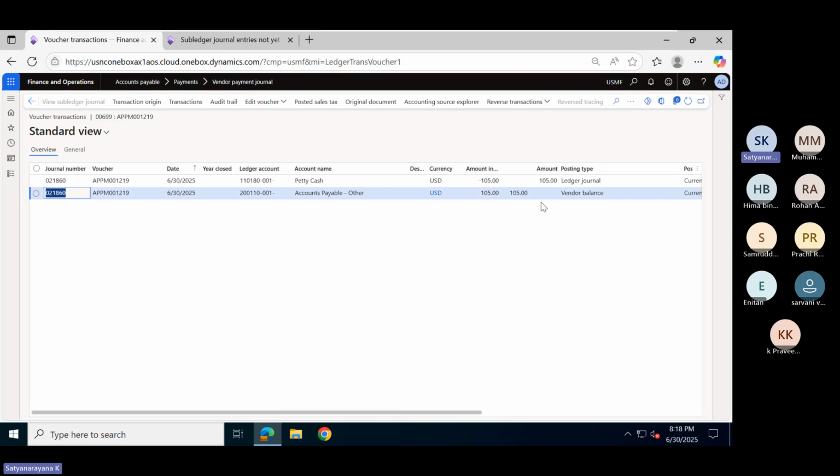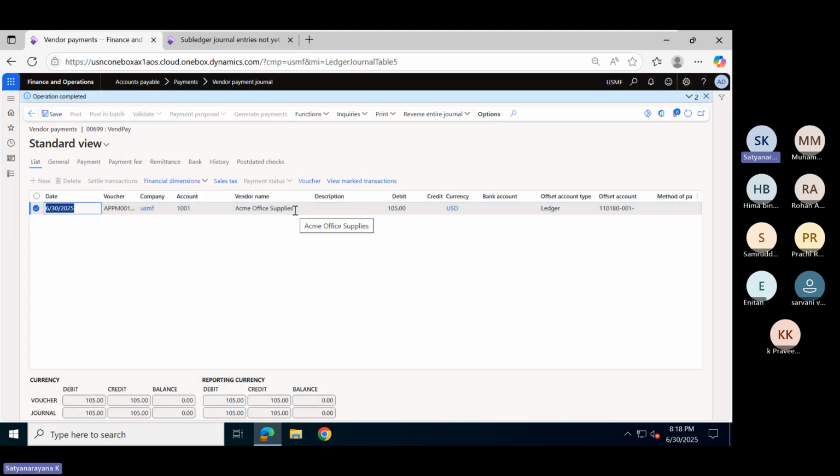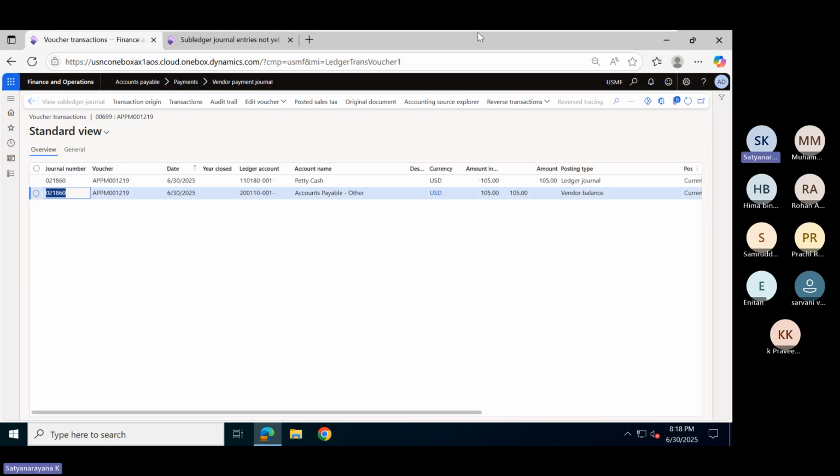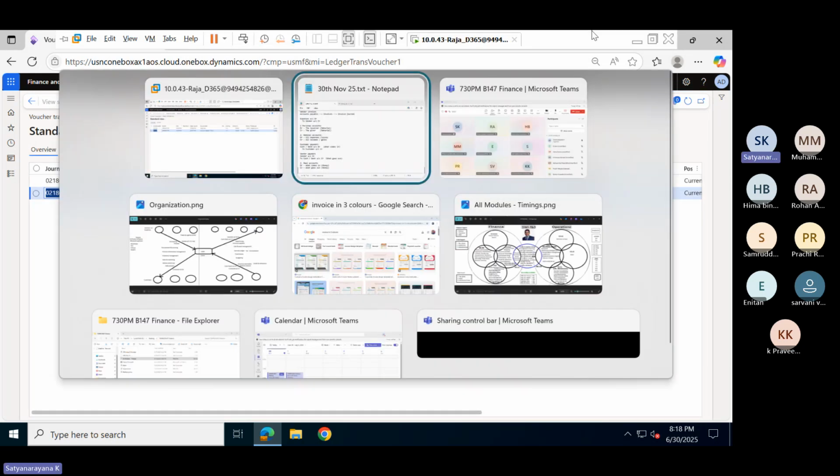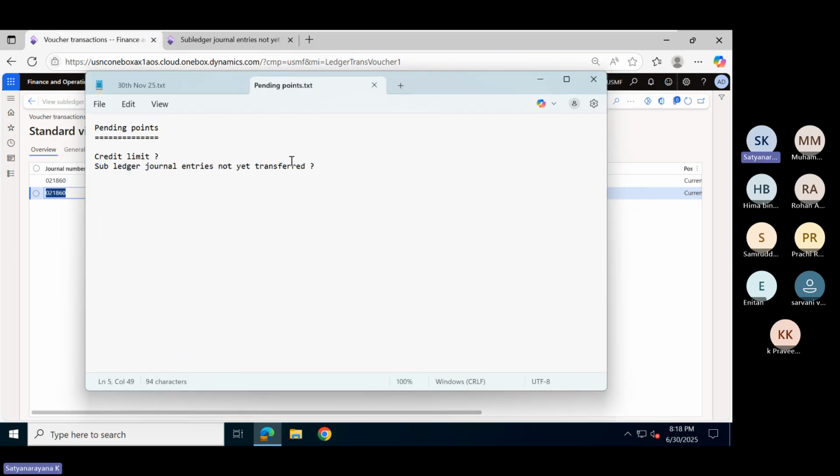It is showing vendor balance, but it is showing accounts payable. This is called vendor summary account. So for this, I need to explain to you one topic called the ledger subledger concept.